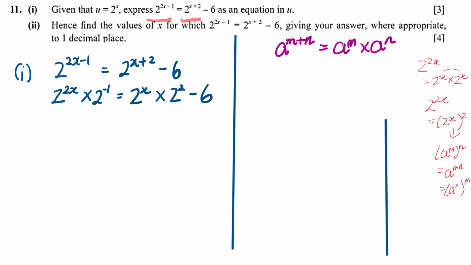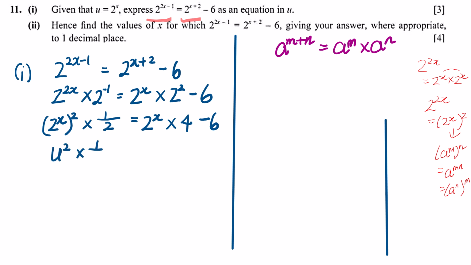Right, so with this, we're going to simplify it further. And of course, 2 to the power of negative 1 is half. The next thing is that we're going to replace 2 to the power of x with the letter u. We're going to multiply every term with 2 to get rid of our fraction half.